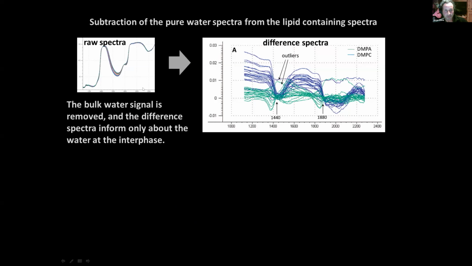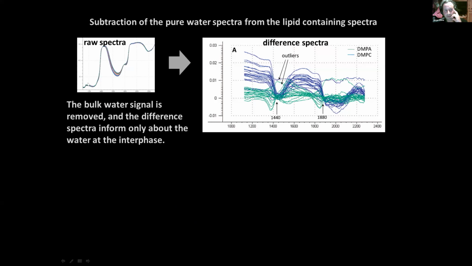A second approach we made on these spectra is to subtract, to remove the signal of the bulk water on the spectra, removing the pure water from any of the lipid-containing samples. This is the raw spectra.